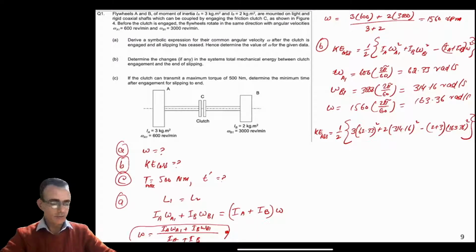Okay, so from here what we will get is 37899 joule, or you can say that it is 37.9 kilojoule.